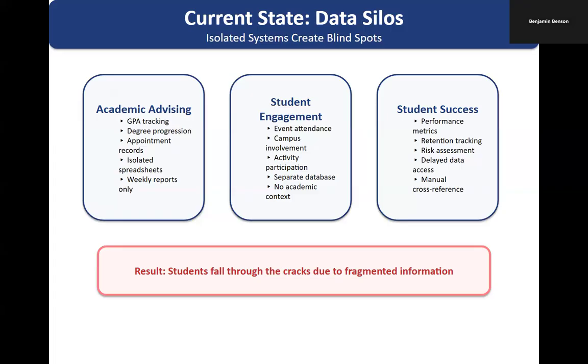We have to make sure we are asking for exactly the thing that they need, and then we have to get it and then clean it, import it, and make sure it matches up with everything else. And that just takes a lot of time. So the result is that students will fall through the cracks due to this fragmented information and loss of time.